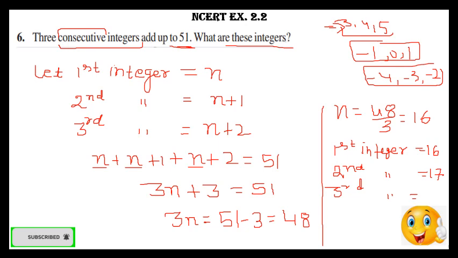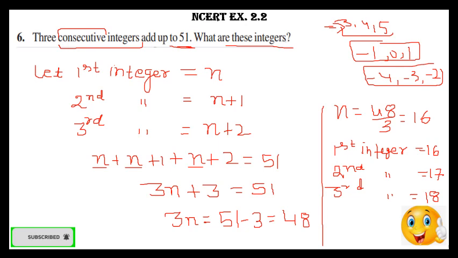So these three integers are consecutive, coming one after another. So 16, 17, 18, that is what we have got in the solution. They all add up to give you 51. If you add 16, 17 and 18, their sum total will be equal to 51.